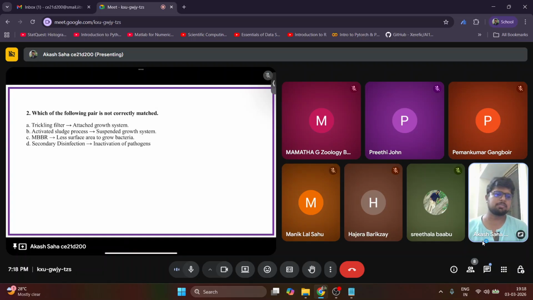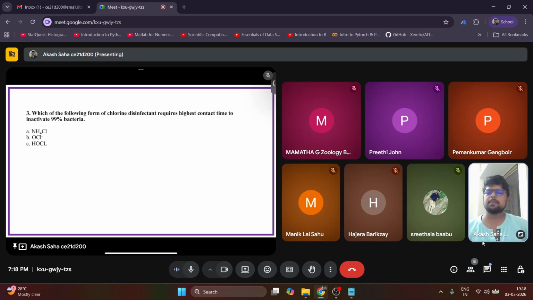We added some plastic media or some extra materials in the system so that we can give some attached growth, whereas otherwise it will be in suspension. So this media is in suspension, whereas the bacteria have some place to get attached to, and we provide more surface area in that way. So that's why option C is not correctly matched.